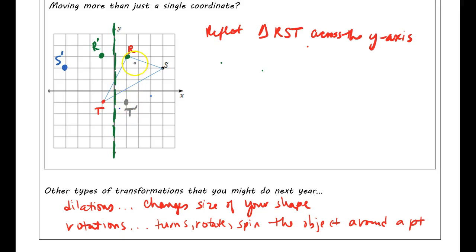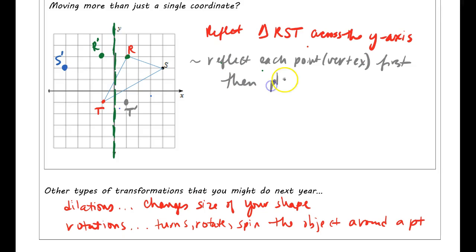Now, once you've drawn the 3 new vertices, reflect each vertex first, then play connect the dots. This is going to help you make a really nice straight triangle at the very end, okay?